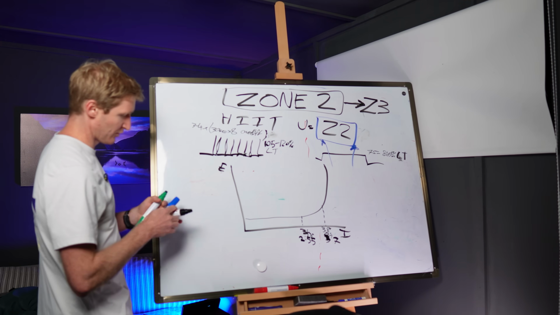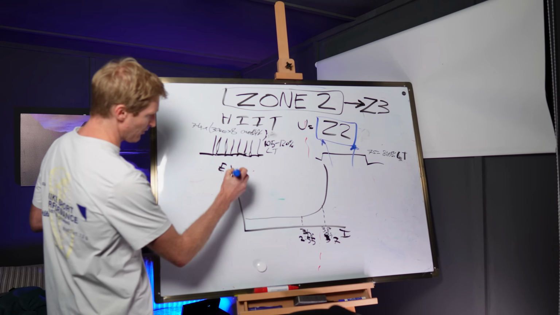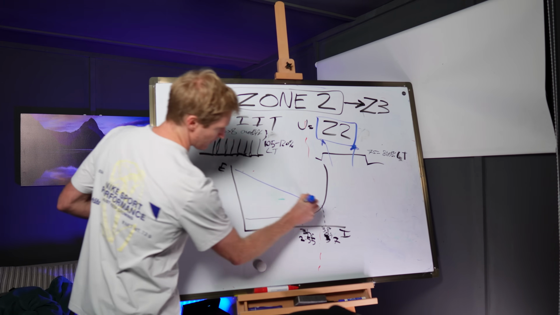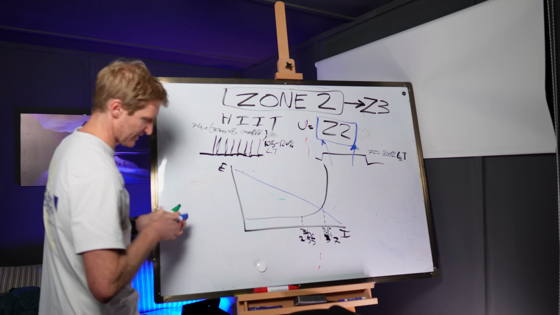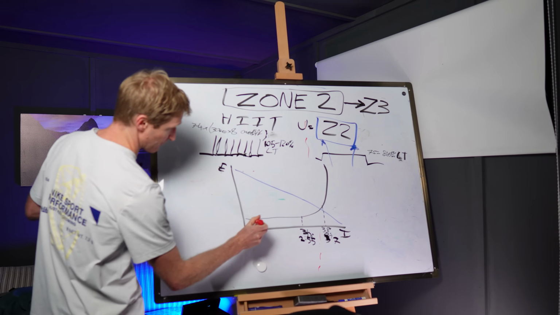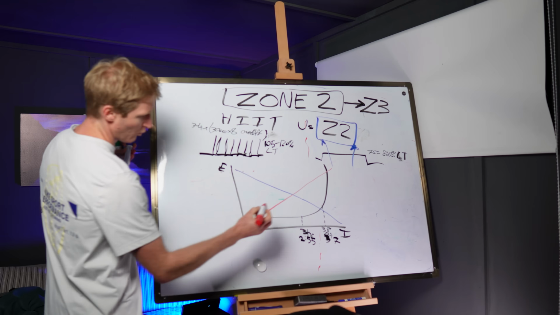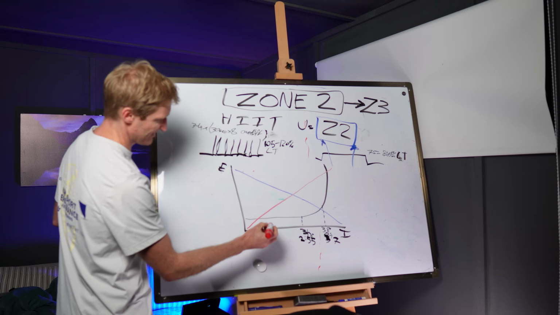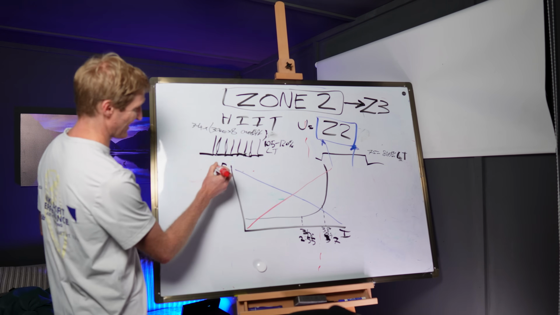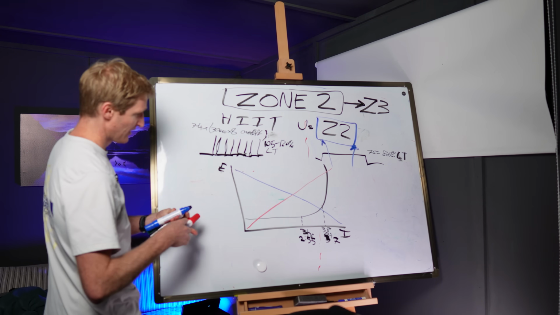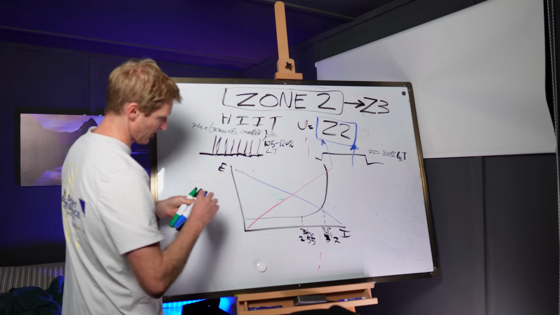To some point it will, because you remember when we have our crossover point and the other carbohydrates were red, what we can do is we can shift our actual total energy expenditure at these points in time.